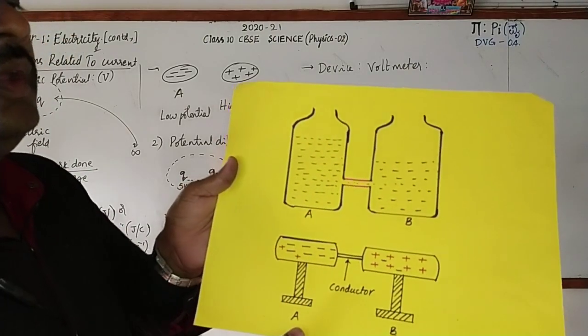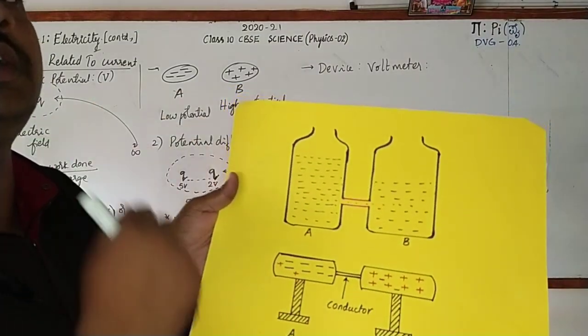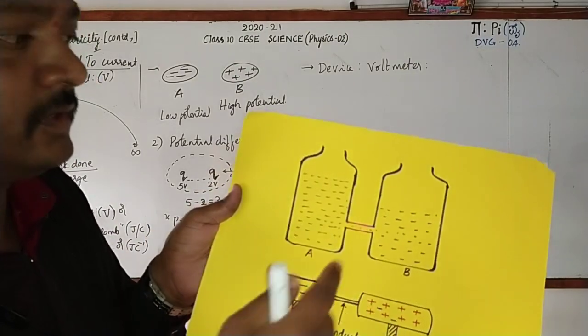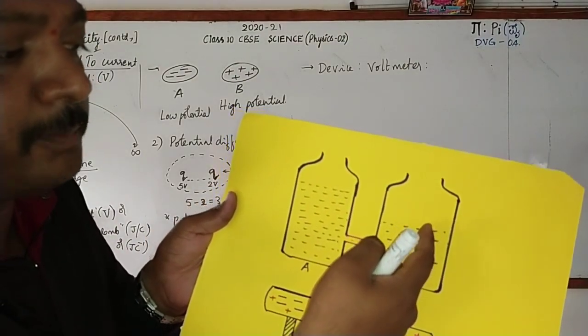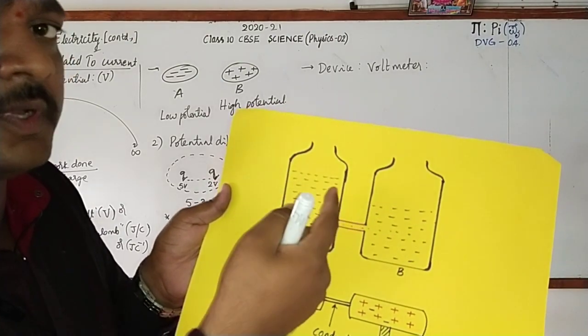Then if the water has to flow from A to B continuously, what will you do? Yes, you will connect another pipe from B to A. Just by connecting a pipe, is it possible?